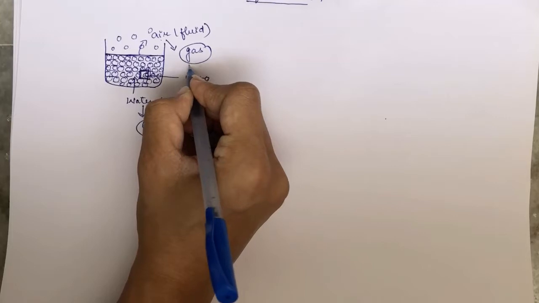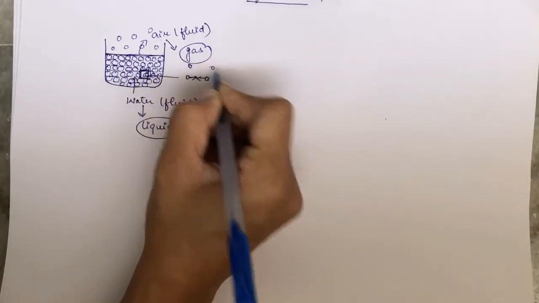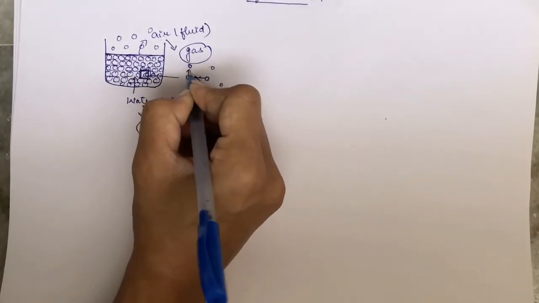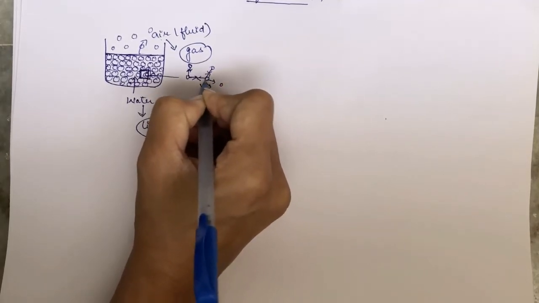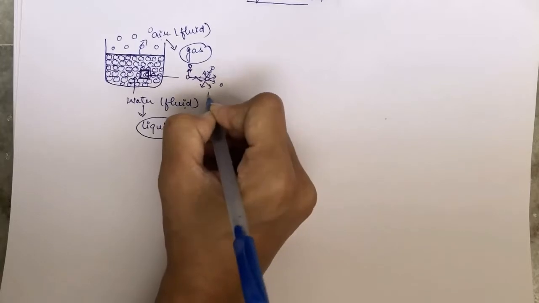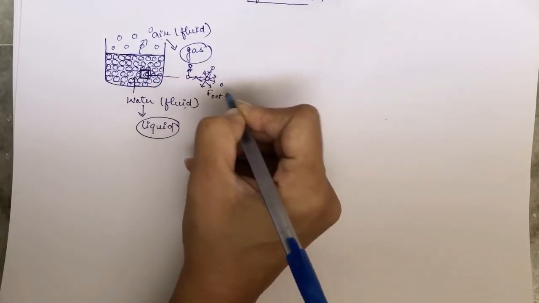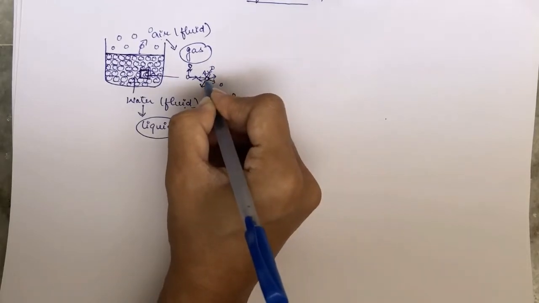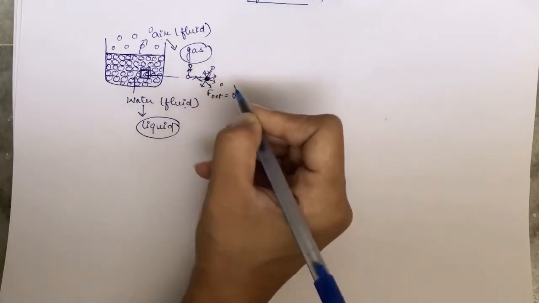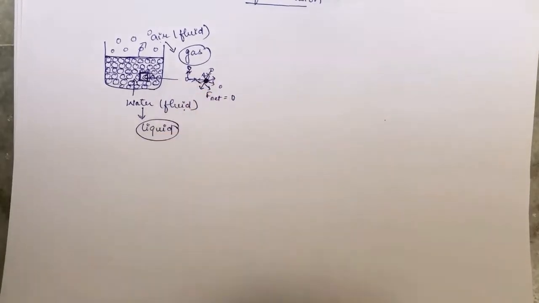Similarly, if other molecules are present over here, they will impart attractive forces towards each other, and as a result the net resultant intermolecular force is 0 at the center, the one which I am coloring as a circle.